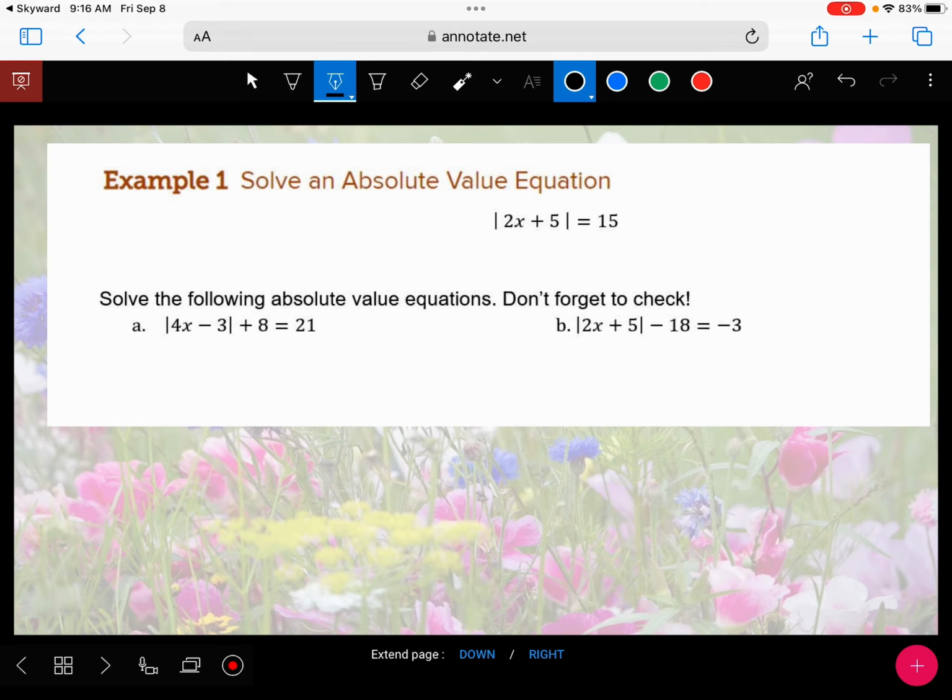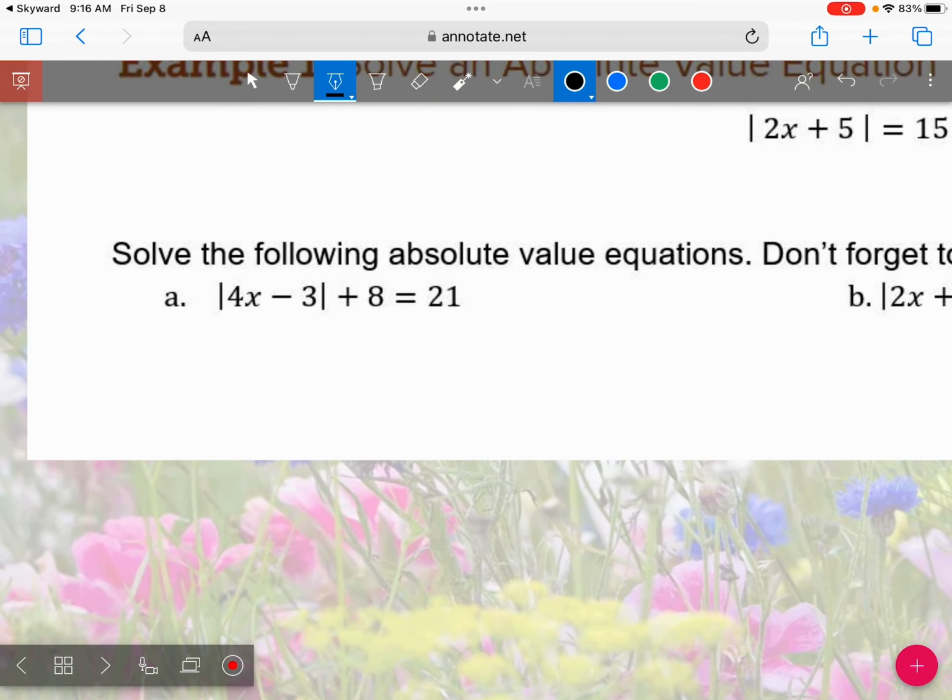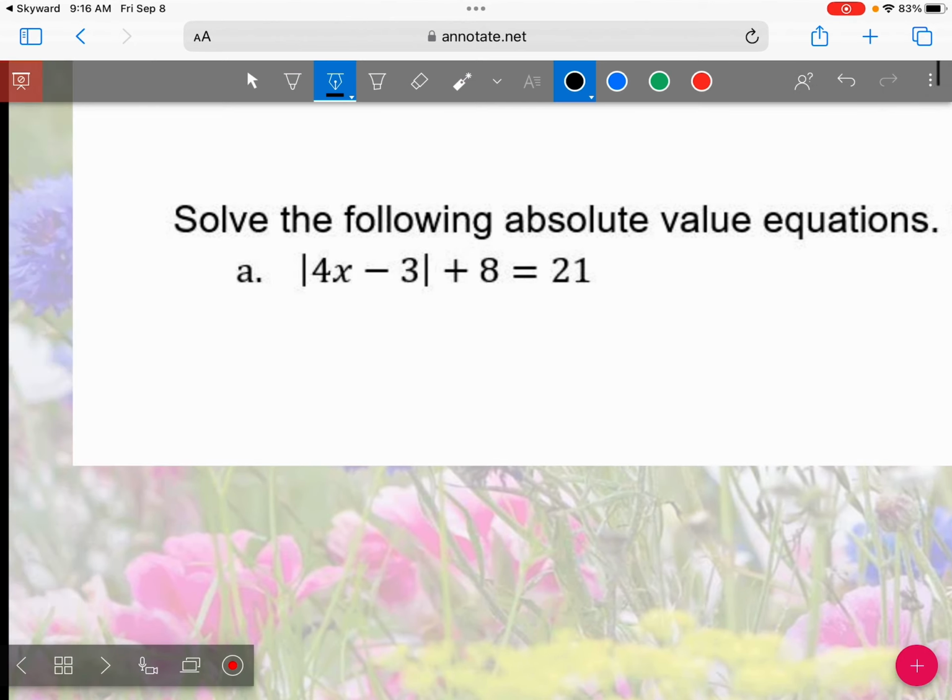So let's go ahead and look at A. So again, the first thing we need to do is get rid of this -8, or +8, sorry. How do I get rid of that +8? Subtract it.